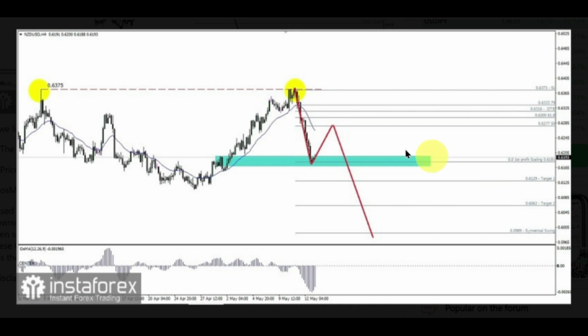The first one is the appearance of a double top pattern. The second one, price movement below its moving average. And the third one, the OSMA indicator is in negative territory.